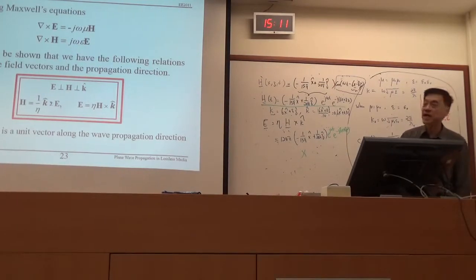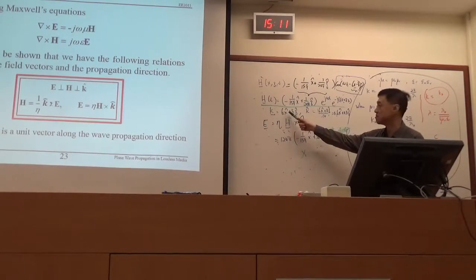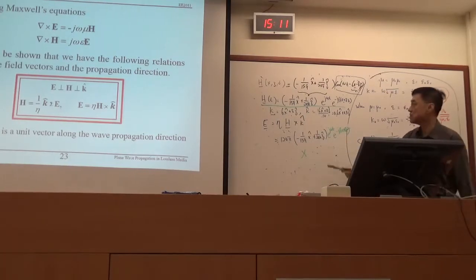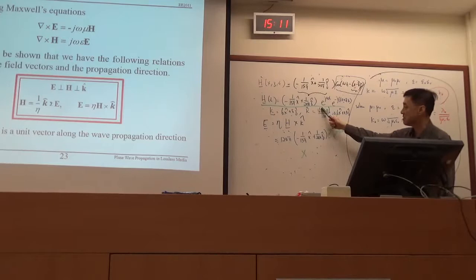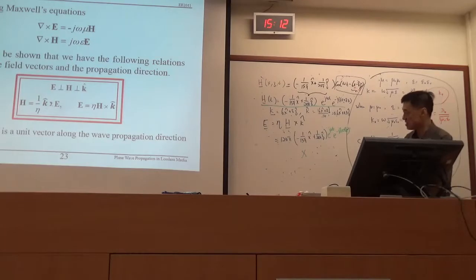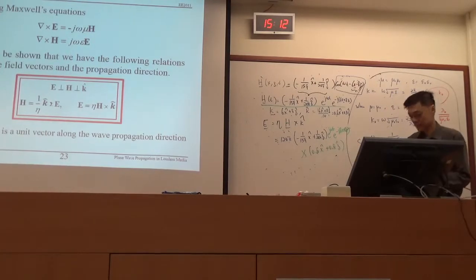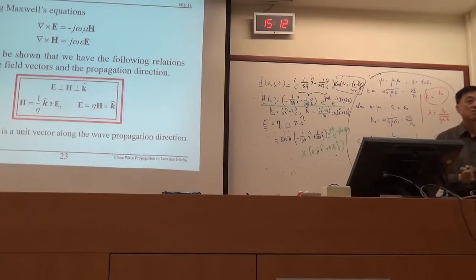The vector k is equal to 6 ax plus 8 az, so the unit vector of k is the vector k divided by the amplitude of k, which we already found is 10. So 6 divided by 10 is 0.6, 8 divided by 10 is 0.8. So this is cross 0.6x plus 0.8z. Everybody okay?